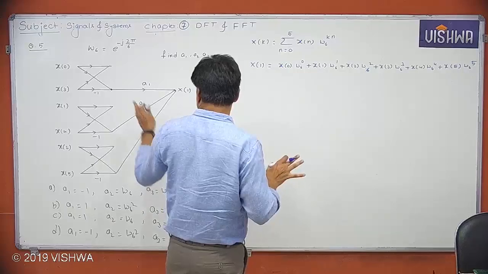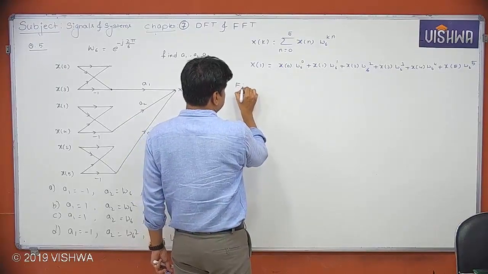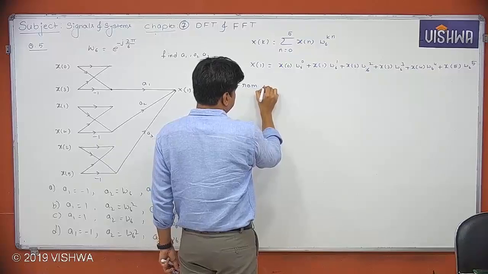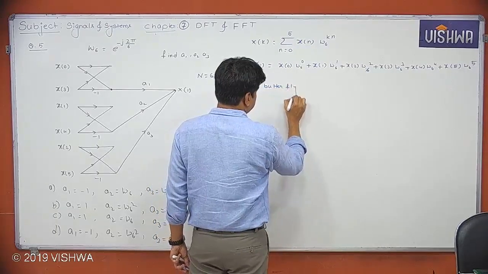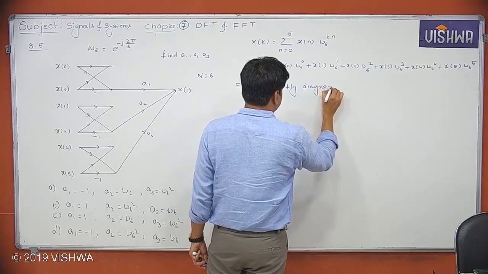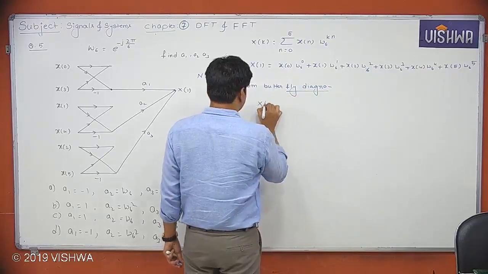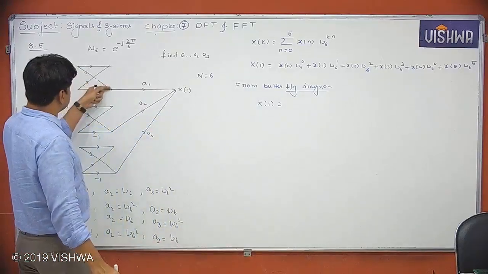Now from the butterfly diagram, first, what is x of 1?